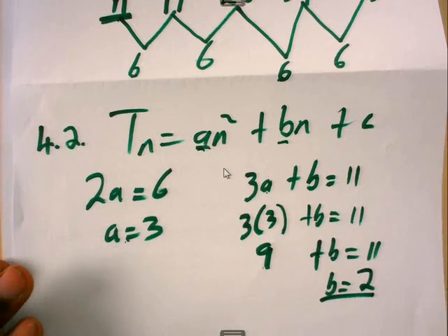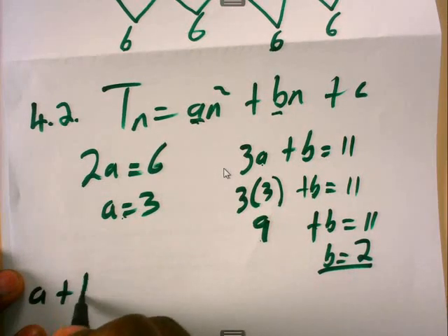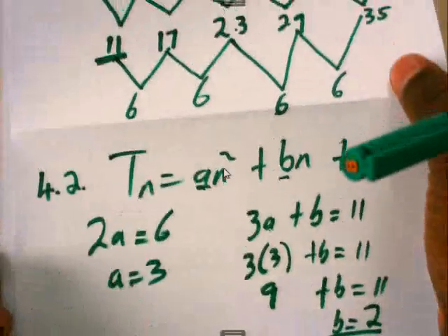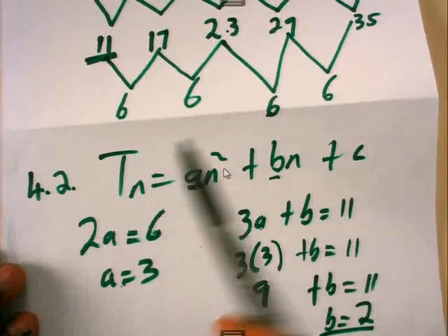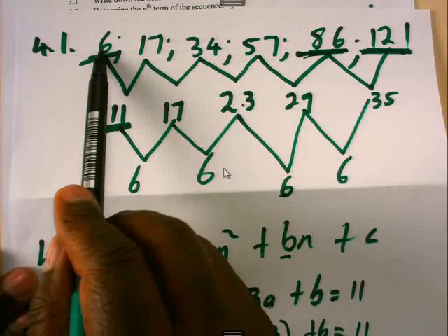Let's determine the value of c. Remember, to find the value of c, you said a plus b plus c is equal to the first term of the pattern, which is 6.